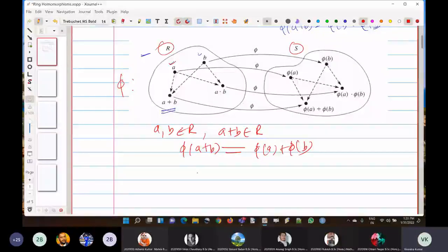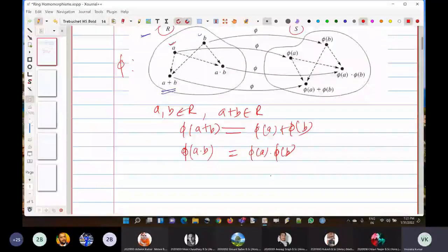And then because there is another operation, and since R under multiplication is also closed, naturally a times b is going to be in R. So when we take the product of these two, this is going to equal phi of a times phi of b. So these two things need to be considered when we are talking about ring homomorphism.